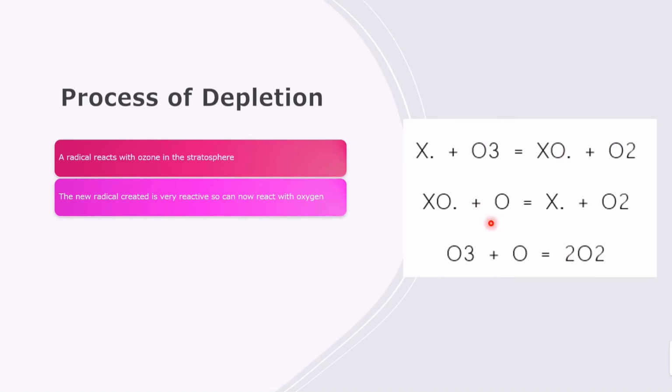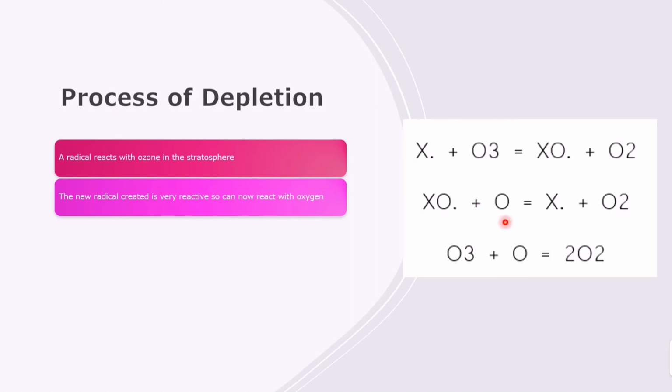So this oxygen atom may have been formed by the ozone depleting into a dioxygen molecule and an oxygen atom as it absorbs UV.